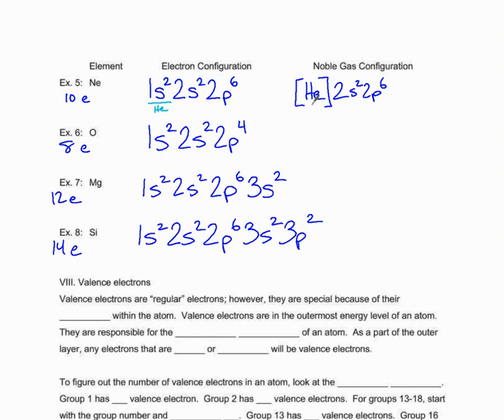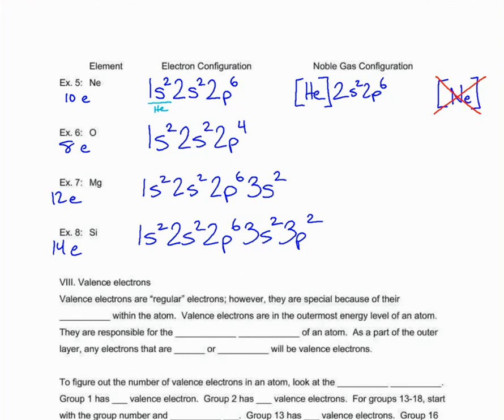You might have this temptation to say the noble gas configuration of neon is the electron configuration of neon. And this is not going to work. It needs to show the next smallest noble gas, because we need to see all of the electrons in the outer energy level. And that's why these are here. They are absent from this one.